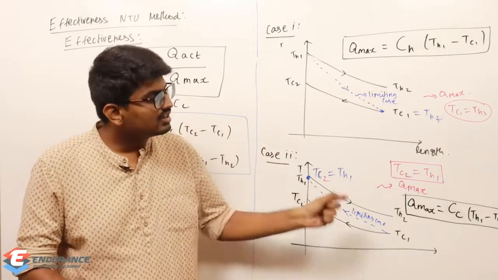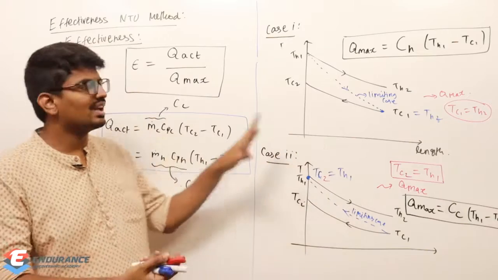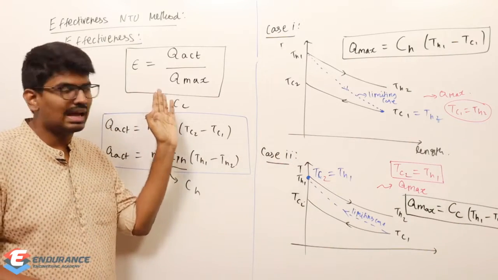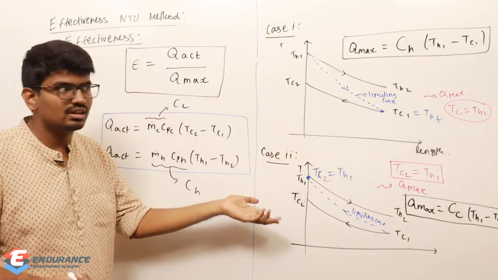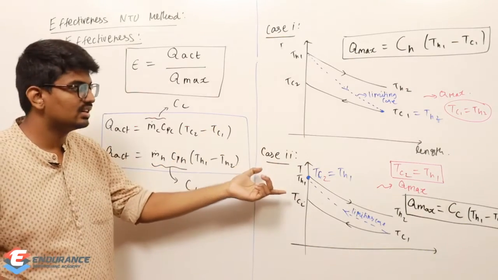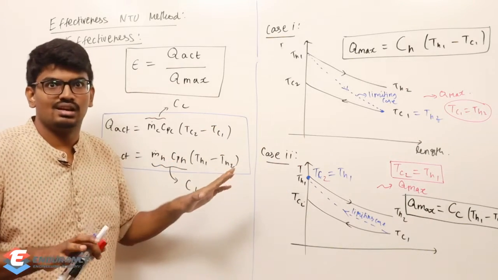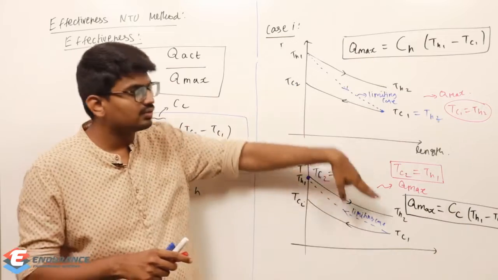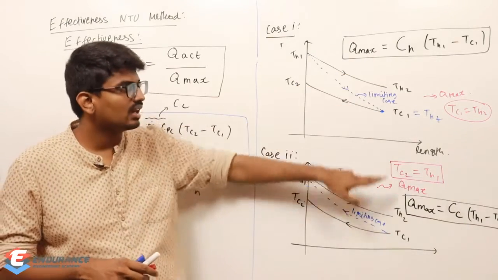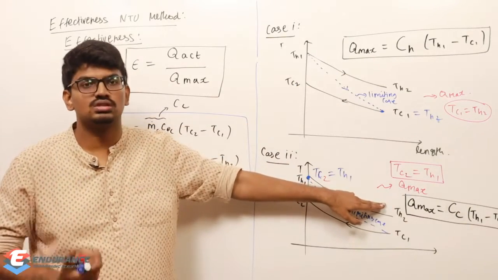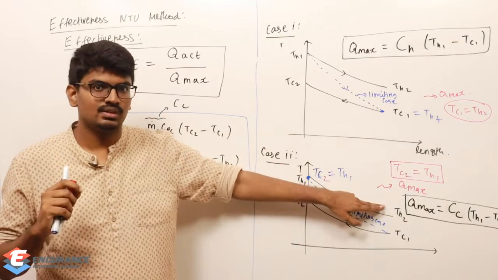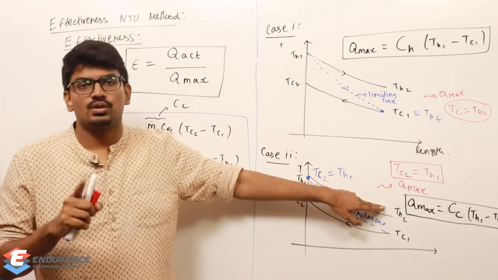Which formula do I need to use? They are not going to tell you whether it is under case 1 or case 2. I need to use any one of these formulas, but how to decide which one? That is the confusion I am talking about.